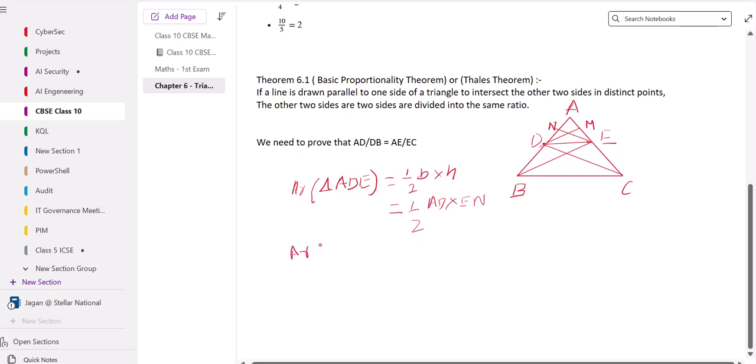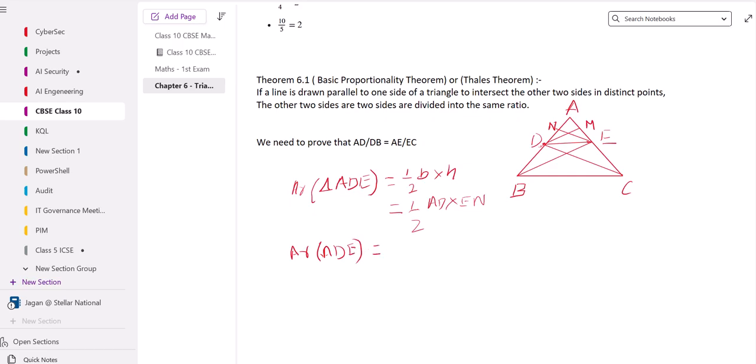Now area of triangle ADE can be written as half AD into EN. To just make things easy, we are writing this way. Fine. Now similarly we have to write the area of BDE, this triangle.